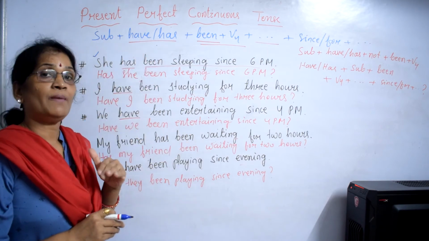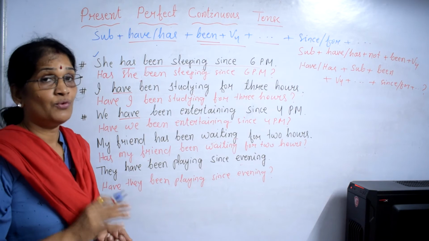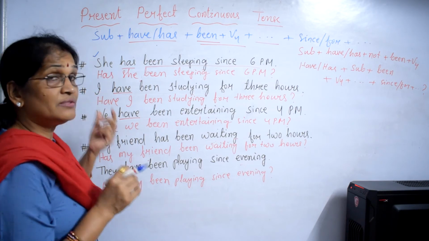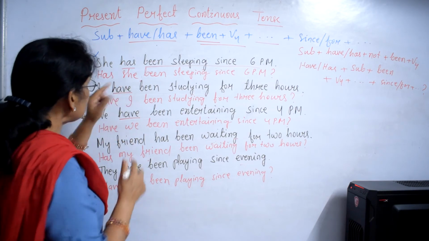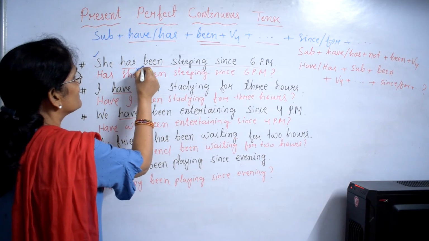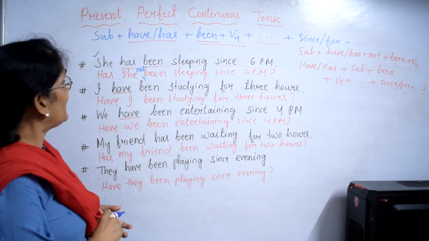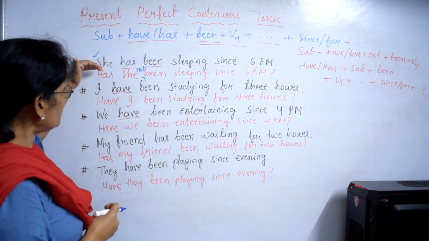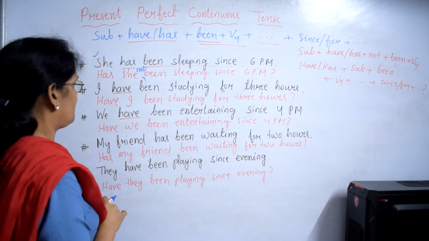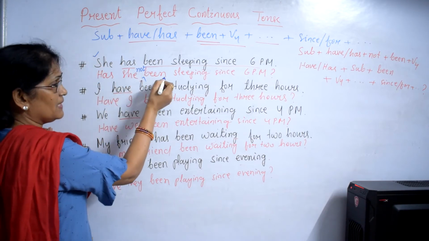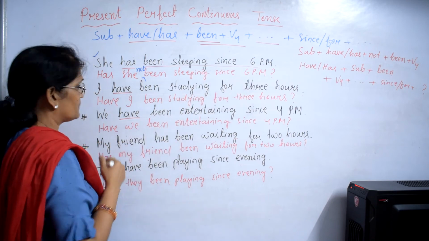That means we have to change the sentence into interrogative with not. So, where will not be used? Has she not been? This is the direct way. Has she not been sleeping since 6 p.m.?